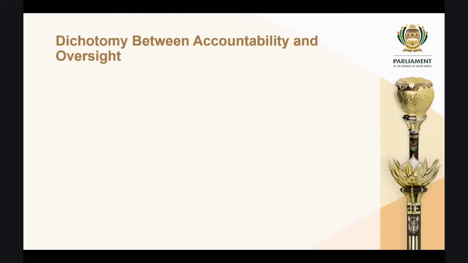Now, Chairperson, before we deal with the dichotomy between accountability and oversight, if you look at Section 55(2) of the Constitution, it provides that the National Assembly must provide for mechanisms to ensure that all executive organs of state in the national sphere of government are accountable to it and to maintain oversight of the exercise of national executive authority, including the implementation of legislation and any organ of state. The issue then is that there's a direct correlation between oversight and accountability, and the Constitution in Section 55(2) makes mention of both these concepts.